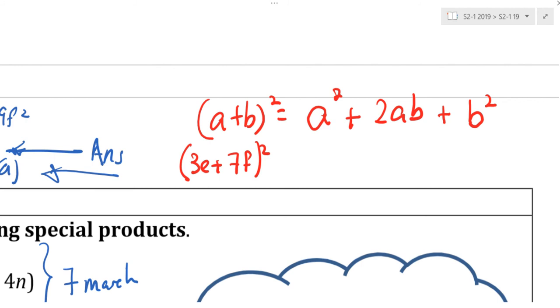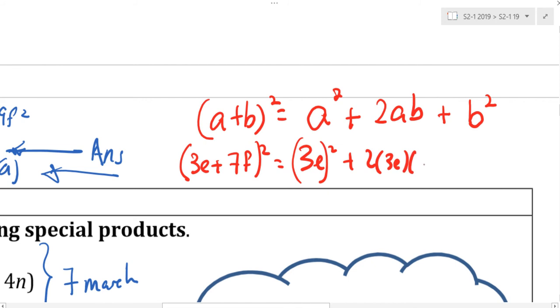Do you agree? So now instead of A, what should I write? 3E squared. But I don't write 3E squared like that. I need to put a bracket. Instead of A, I will put 3E. Instead of B, I will put 7F. Instead of B squared, I will put (7F) squared. I will put the bracket. Do you understand this part?